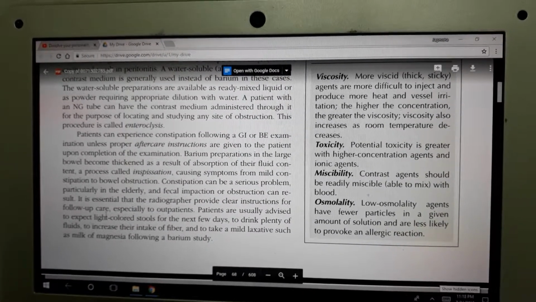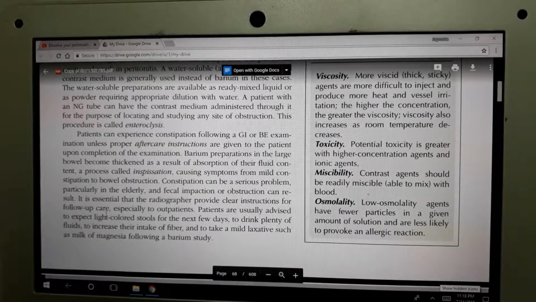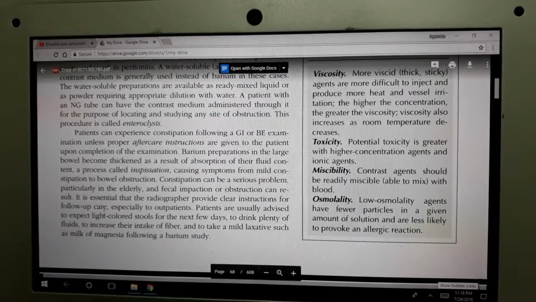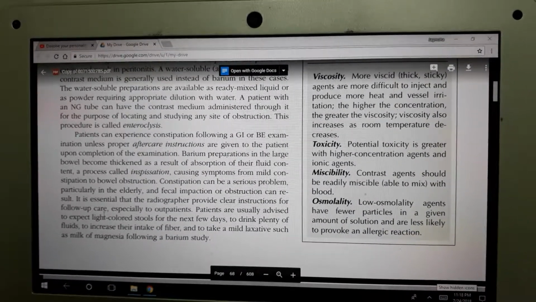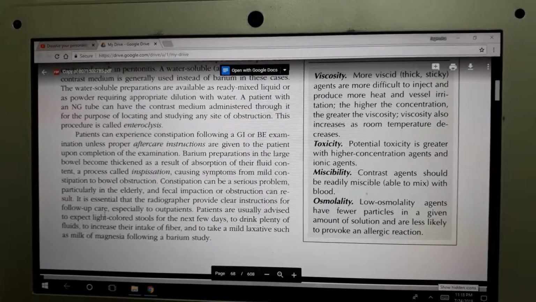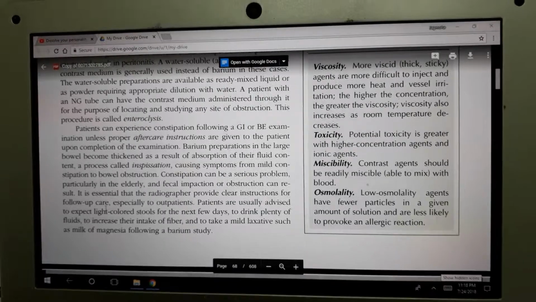The higher the concentration and the greater the velocity, the more the effect. Warming to room temperature decreases toxicity.